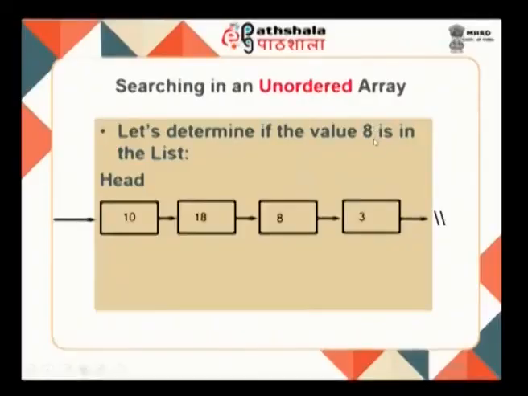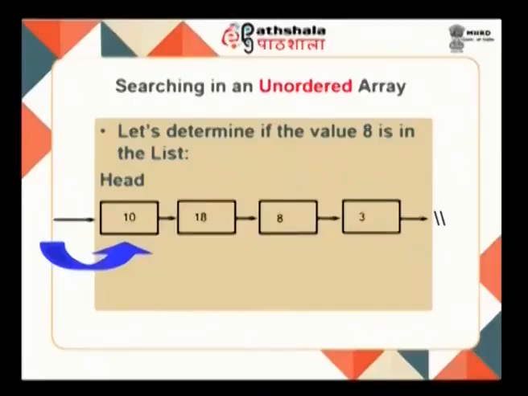The problem is I have to check whether the value 8 is present or not. If this problem is given to us, how will we normally do it? We will go to the start of the list, then compare 8 with 10 to check whether 8 is present. If so, we declare that the item is found; otherwise we proceed to compare the next element of the list.